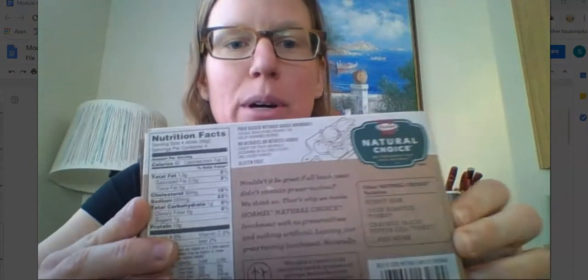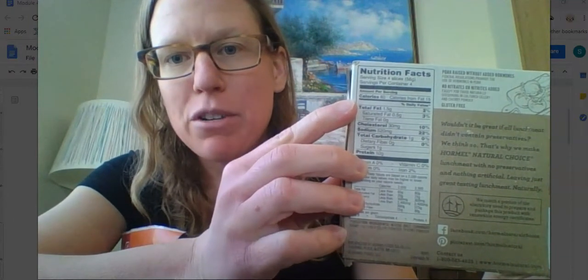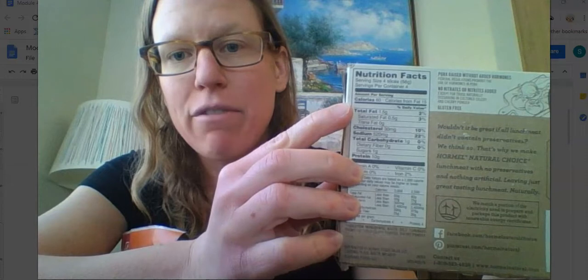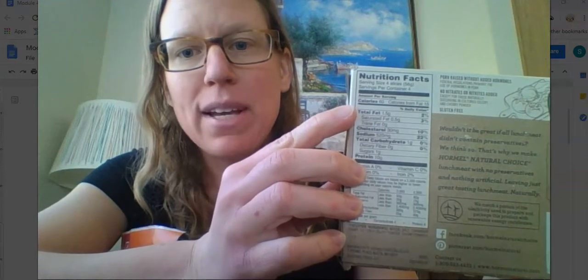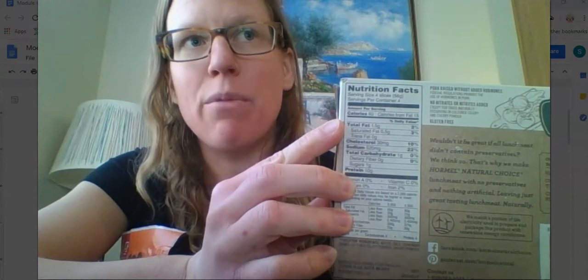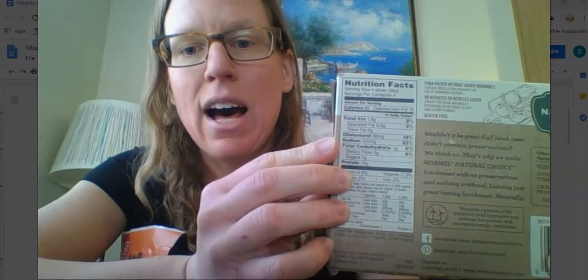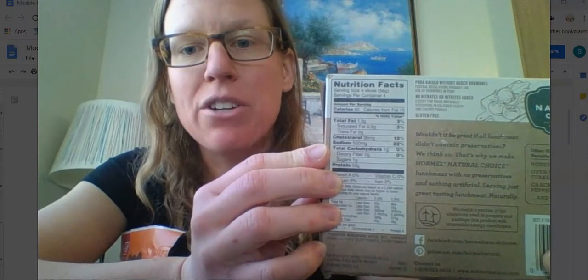To make this a little bit more clear, you want to check the nutrition label, so it's on the back. And remember that the nutrition label tells you how much fat there is, the total fat, and fat is lipids. So lipids are what make up your membranes and are what help you store energy and what help insulate you. So they are important. So you do need fat. You also need carbohydrates.